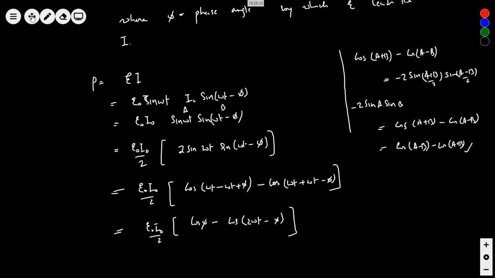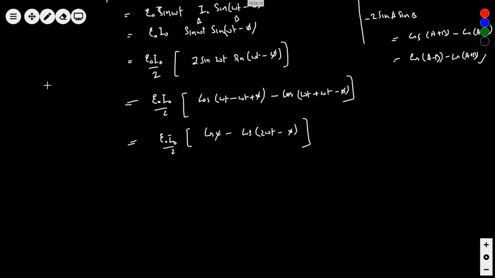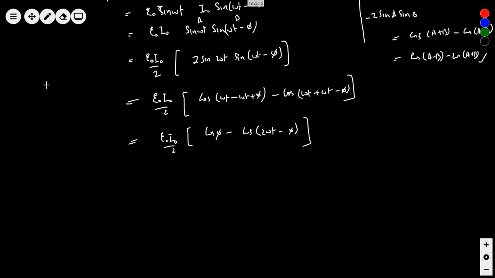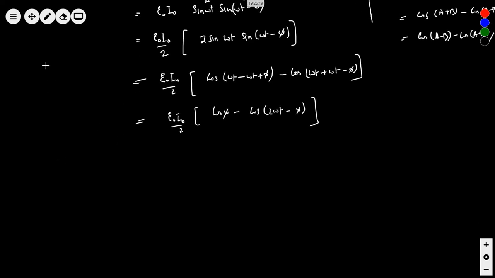Now the term cos of 2 omega t minus phi is time dependent.